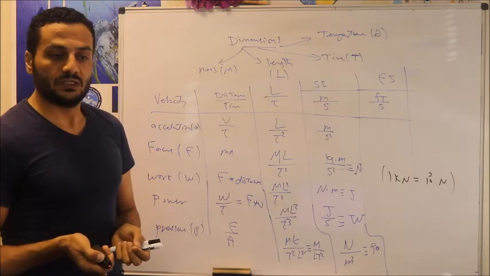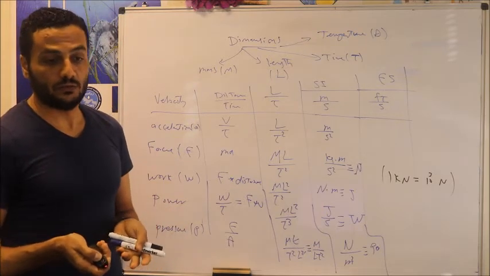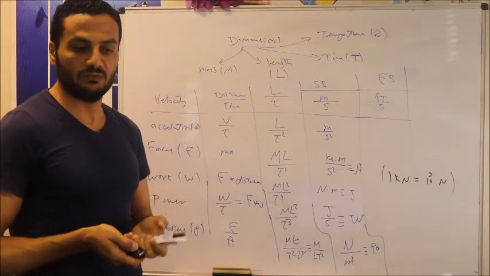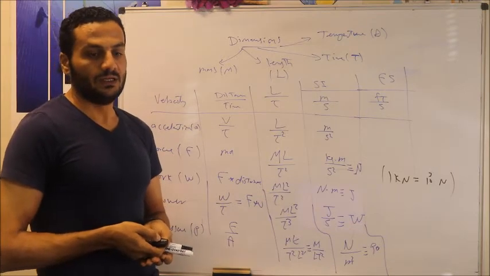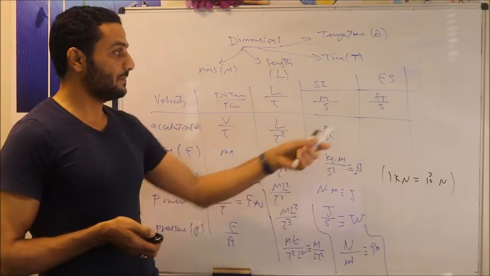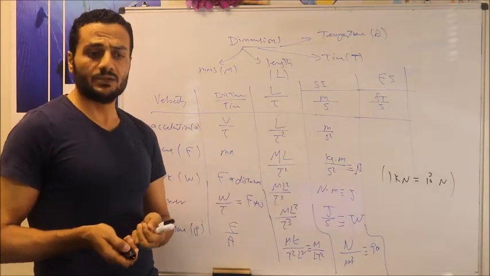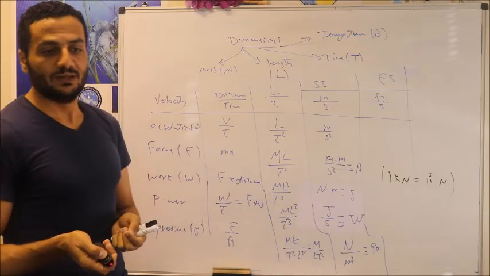Also, the force in the English system of units is measured in what's called pound force. If you look at this slide, 1 pound force is equal to 32.174 pound mass feet per second squared. Can we convert from pound force to Newton? We have this equation: 1 pound force is equal to 32 point something pound mass.